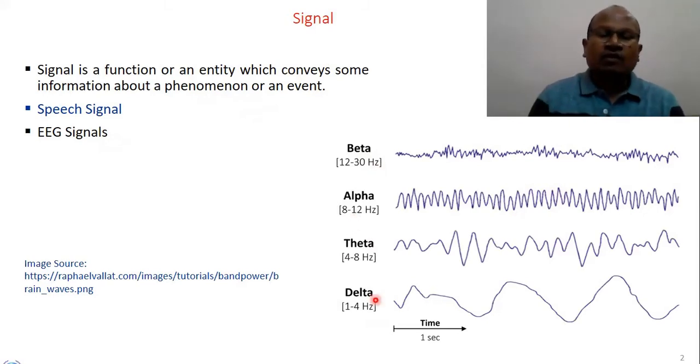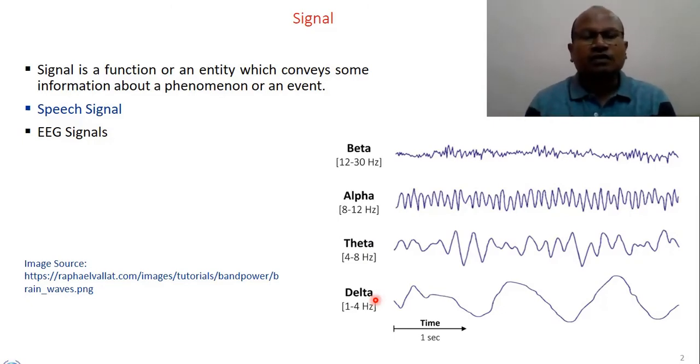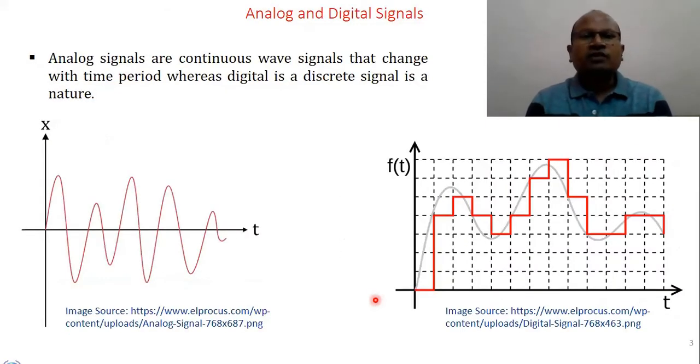These are the different brain waves which carry useful information about the brain. We can determine the status of the brain, whether it's in a sleep state, active, or in critical thinking mode, depending on the different wave patterns of alpha, beta, theta, gamma, and delta. So this is a general definition of a signal.